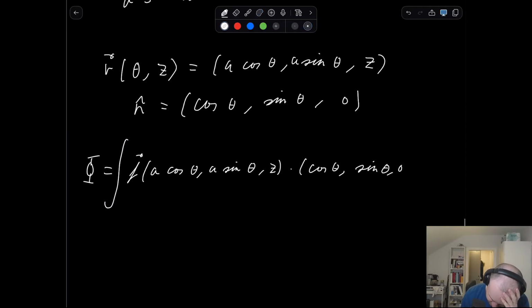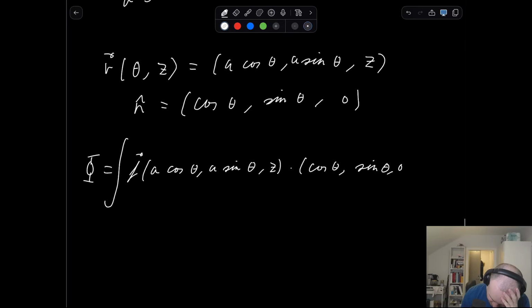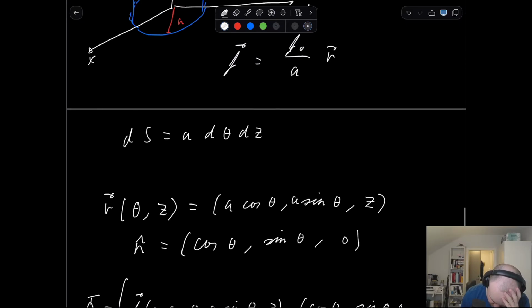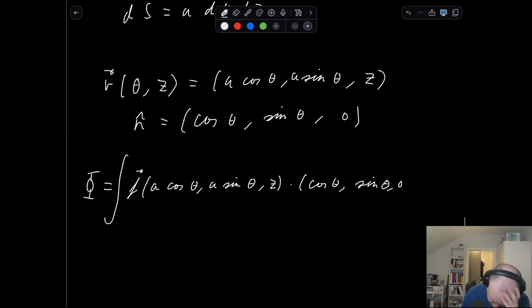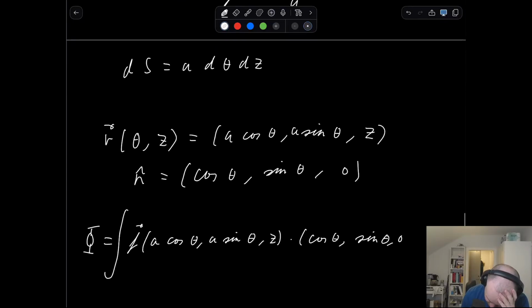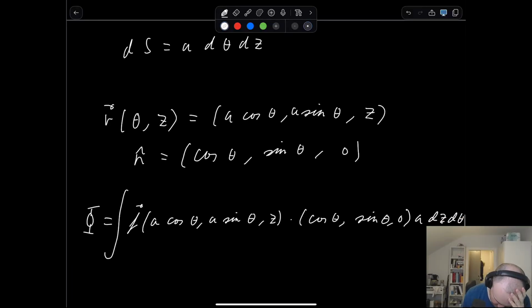I of course need a, and dz is easier, so I will do dz first and then d theta, which means that this is actually 2 integrals, not 1. That makes sense. We jumped 1 dimension below. So 2 integrals, that was a nice integral.